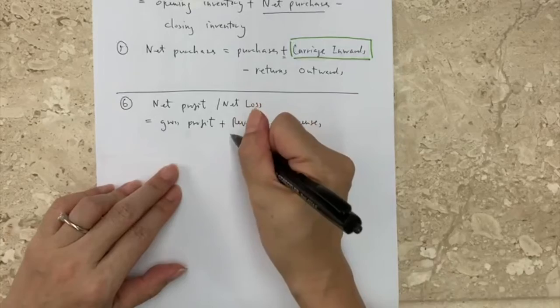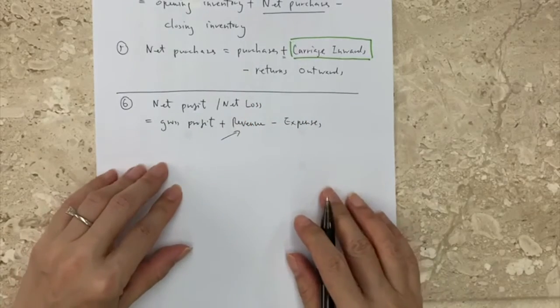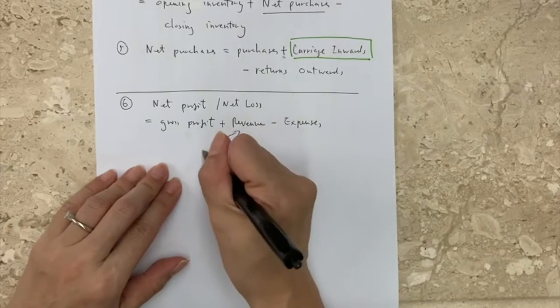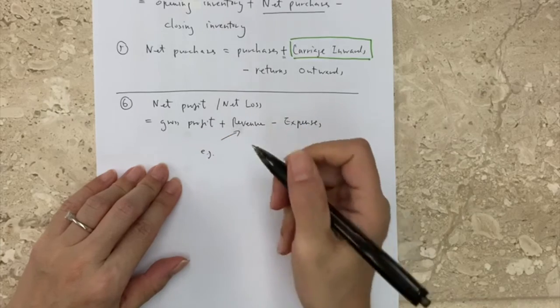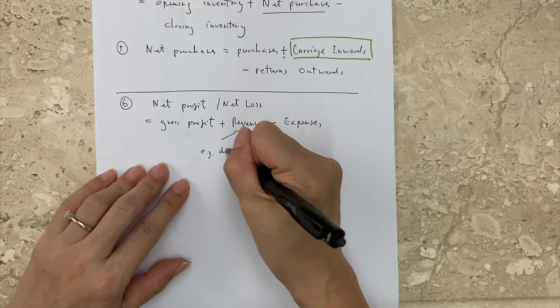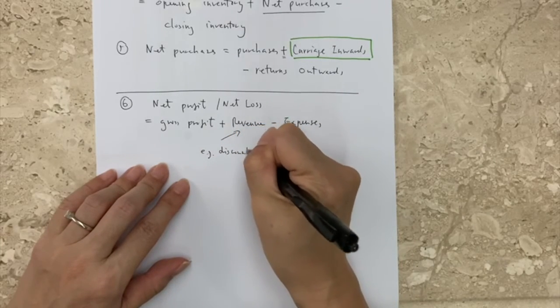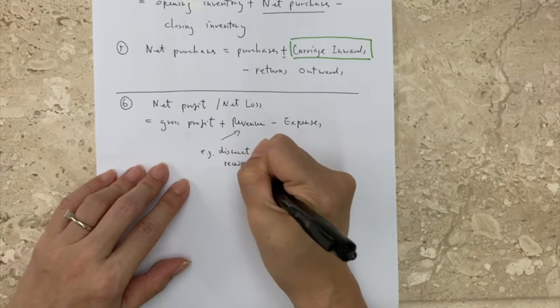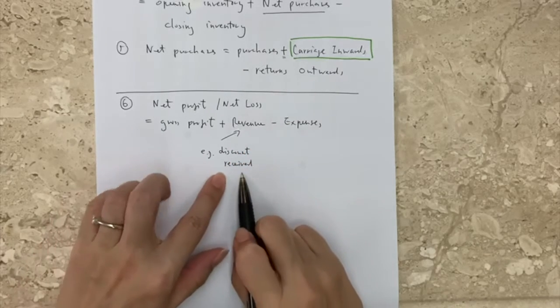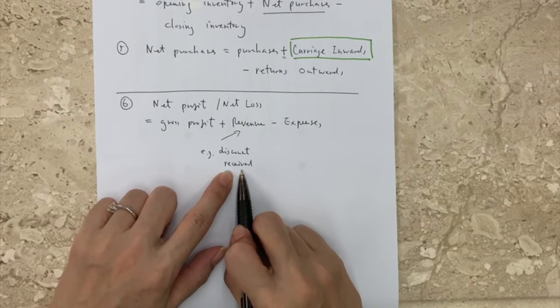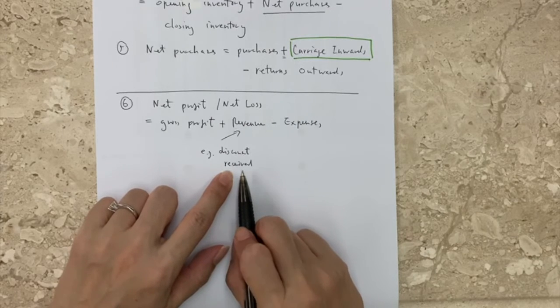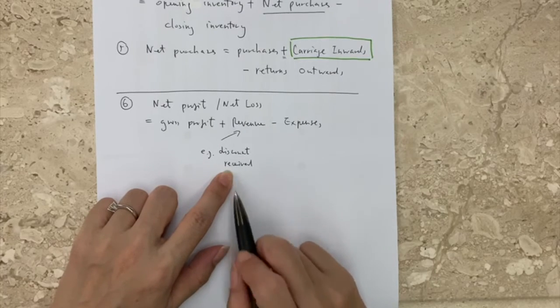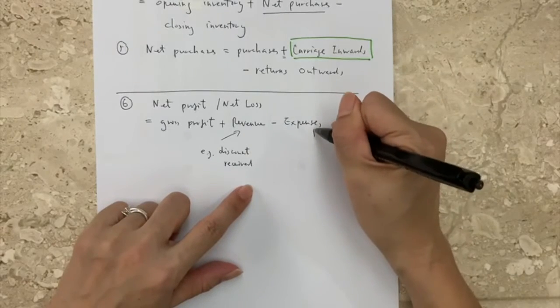Okay, next we can come to some examples about revenue. Do you remember what revenue items we have? Like we have discount received, remember that, which is a credit item. We have discount received from the creditor, from the supplier, if we pay them earlier. Okay, and what about expenses?